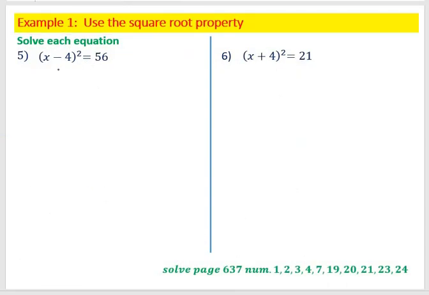Here we have x minus 4 all squared equals 56. Now, we're going to do the same thing. Take the square root of both sides. This will leave me with x minus 4 equals positive or negative the square root of 56. Now, 56 is not a perfect square. So I'm going to look in the perfect squares to see what is the closest number to 56.